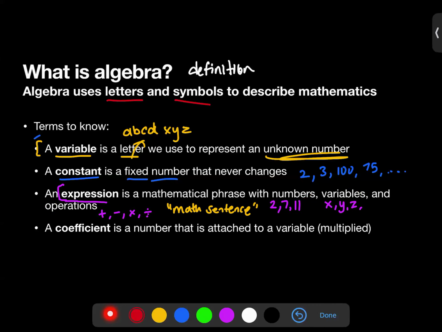And the last term is coefficient. A coefficient is a number that is attached to a variable. So for example, if we have 5x, 5 is the coefficient and x is the variable.